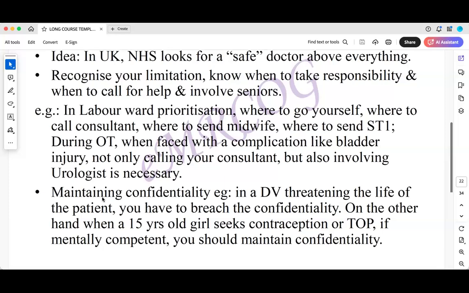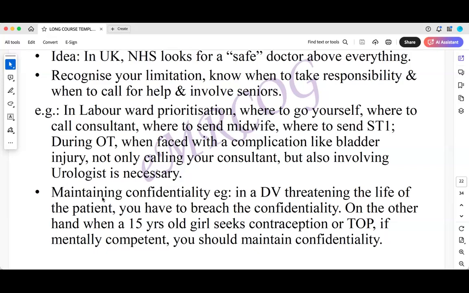Even if you are a consultant in your workplace, in your country, even if you are practicing this case every day and managing it all by yourself, you have to know the limitation of an ST5 in the UK, and you have to involve the consultant for safety, correct? So if you forgot involving the consultant, what do you think about the safety? Bye-bye, you lost it, right?